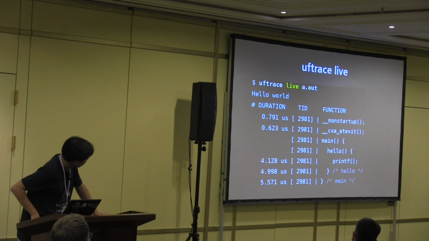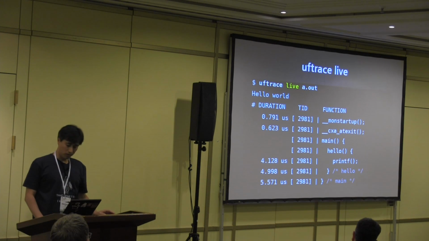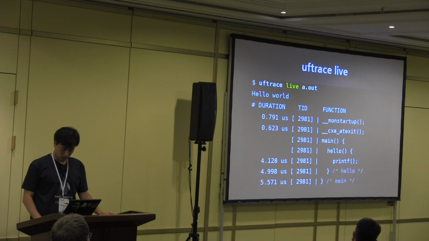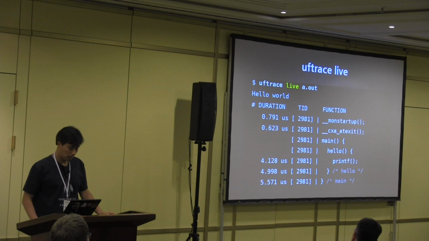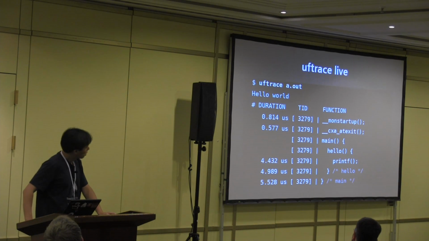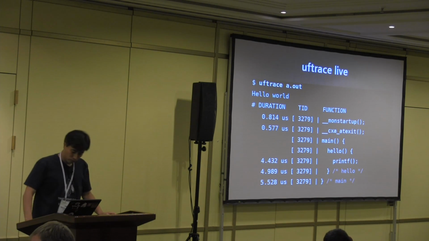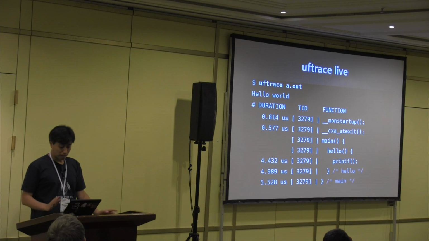So the live command runs the program and shows the replay at once. And the live command is the default command of uftrace. You can omit it and just run the program with uftrace. It's the same.